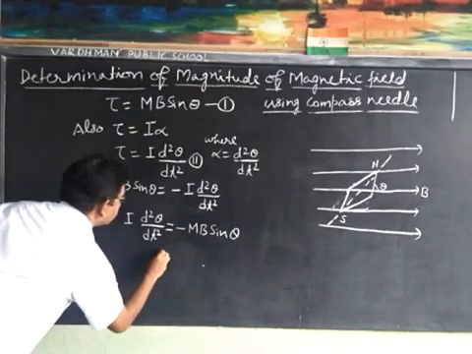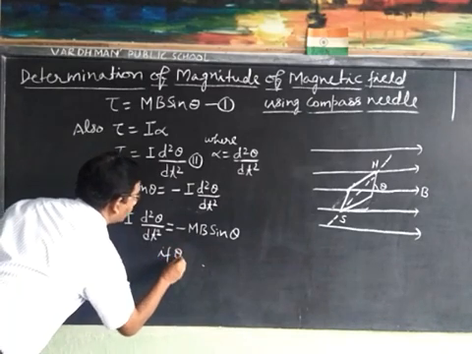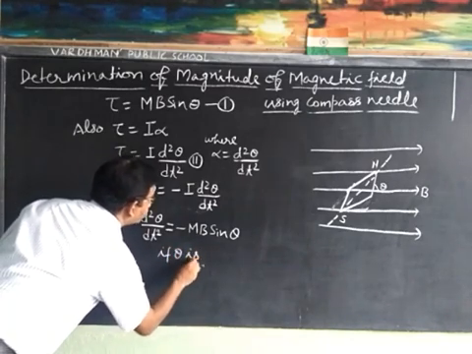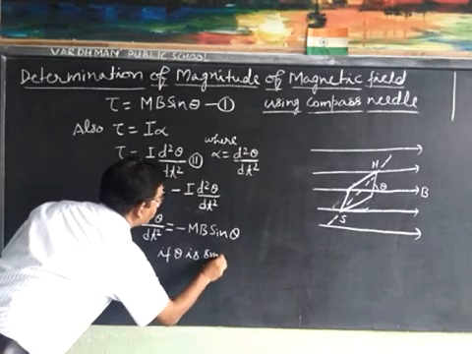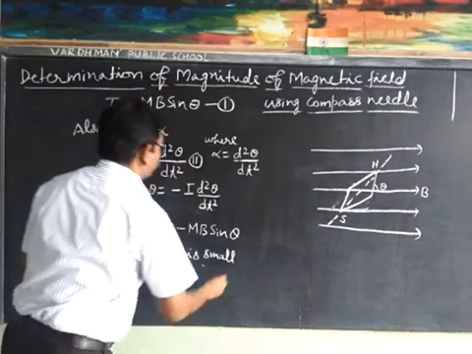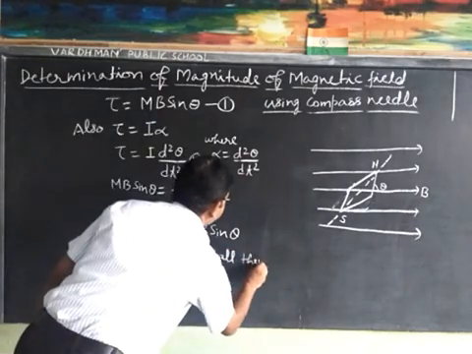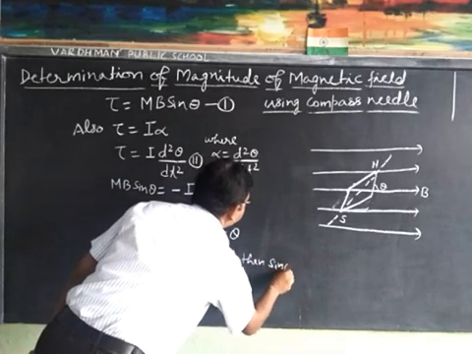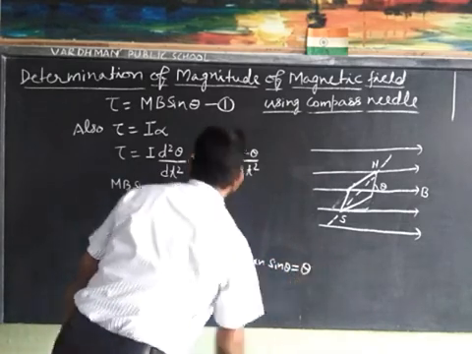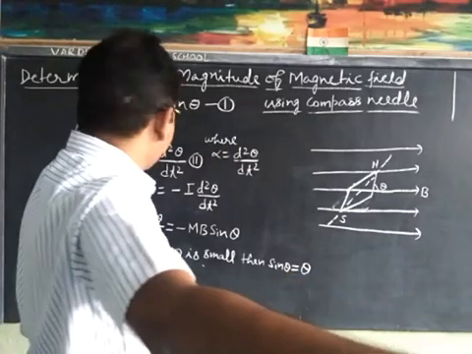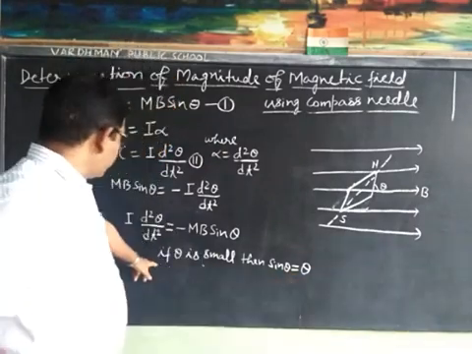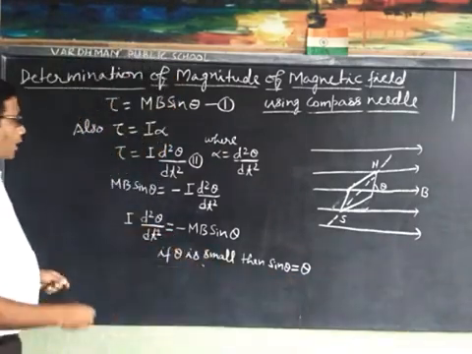If the angle theta is small, then sin theta is equal to theta.